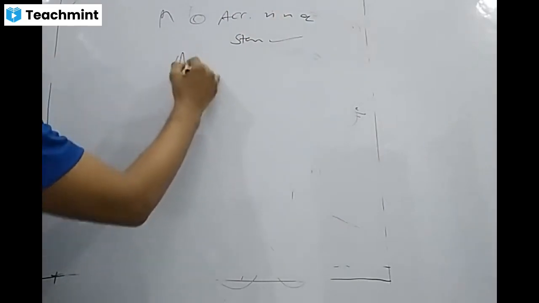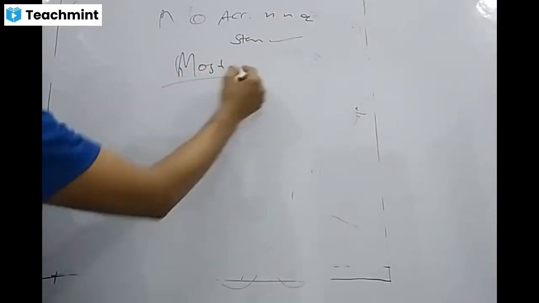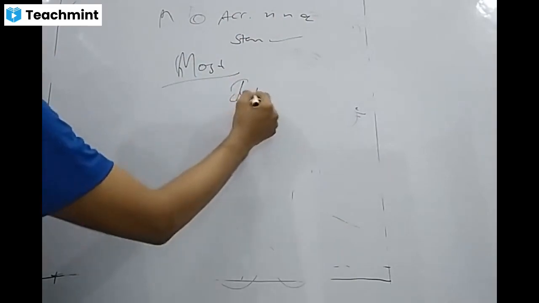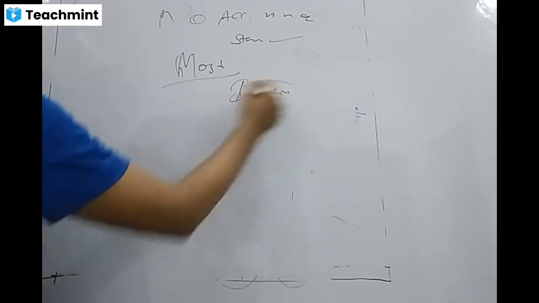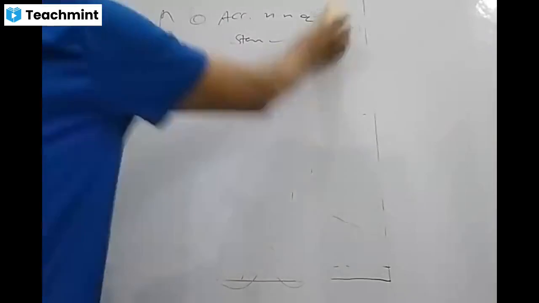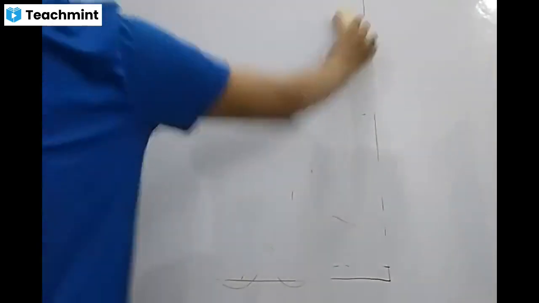If they ask you simply without any equation, most of the drug absorbs from the intestine, the answer will be intestine. Why? Because in the stomach, gastric stay time is less, and in the intestine it is more. Whether a drug is acidic or basic, all drugs absorb completely from the intestine.